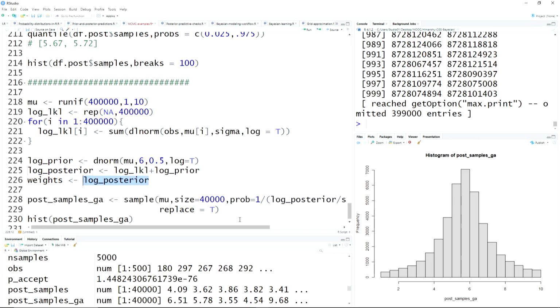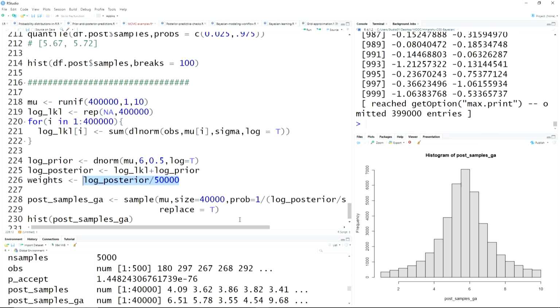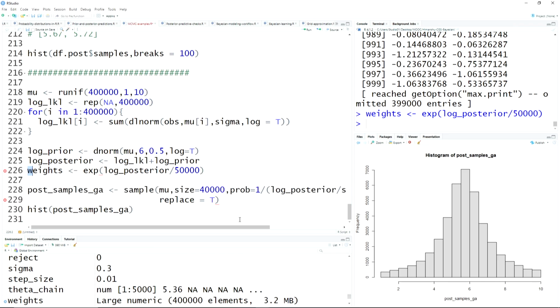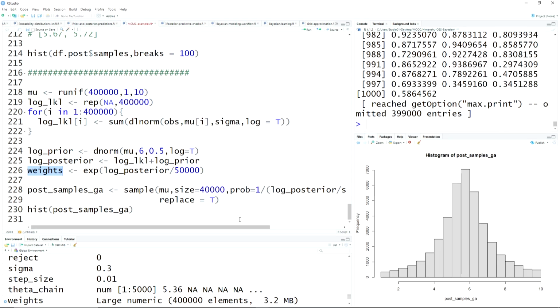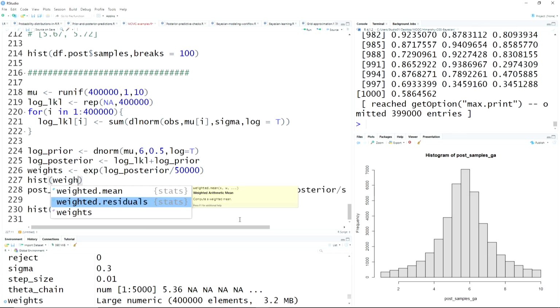So they are on a particular scale, right? So what if I divide them by 50,000? Okay, and now take the exponent of all these. So let me just draw a histogram of these weights.